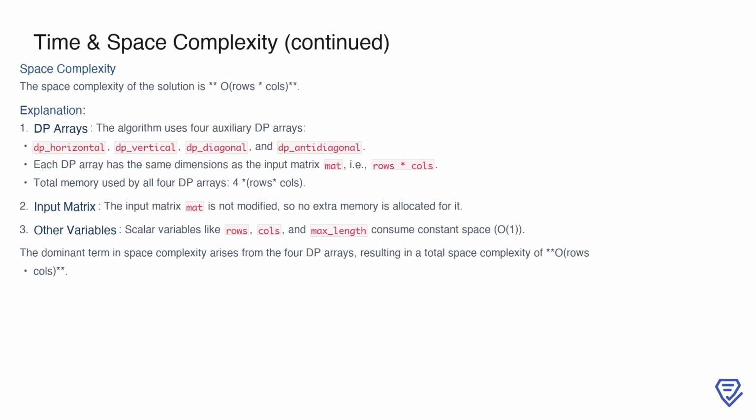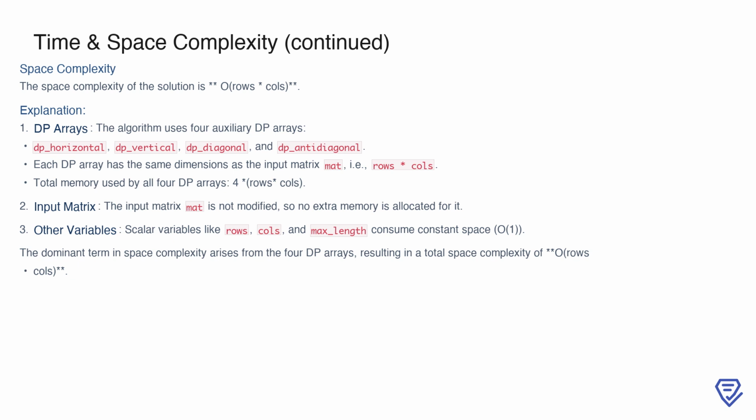The space complexity of the solution is determined by the use of 4 auxiliary dynamic programming arrays. These arrays, DP_horizontal, DP_vertical, DP_diagonal, and DP_antidiagonal, each have the same dimensions as the input matrix, meaning rows * cols elements per array. Since there are 4 such arrays, the total space used by these is 4 times rows * cols.